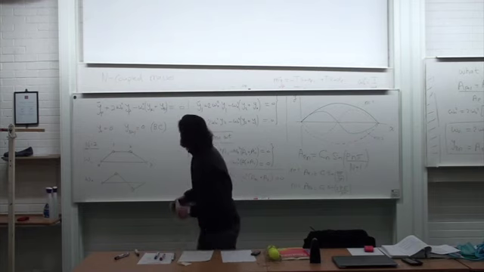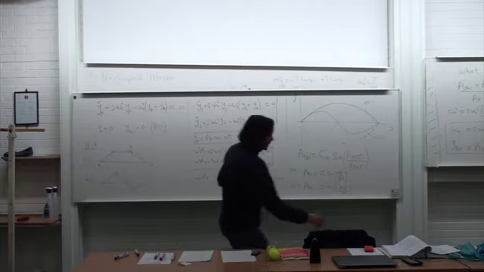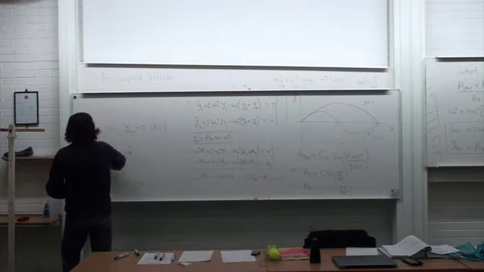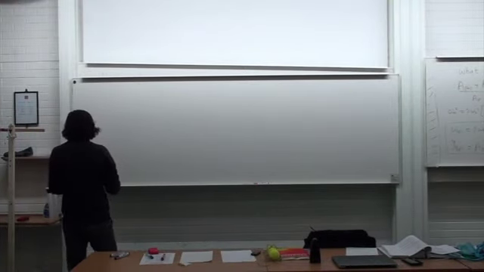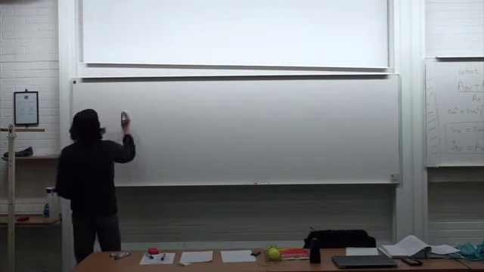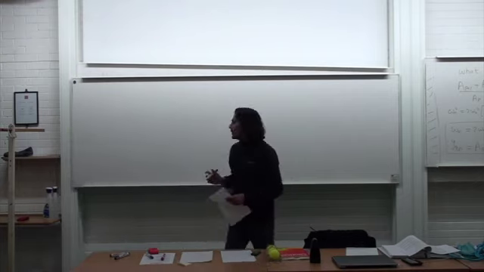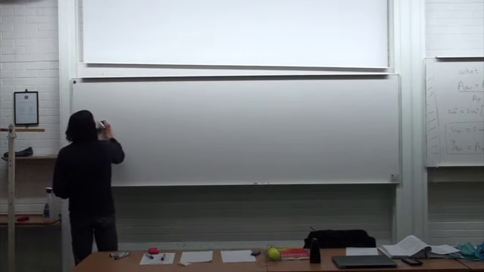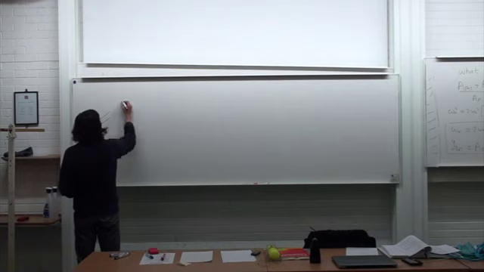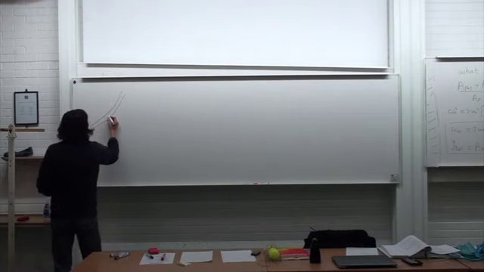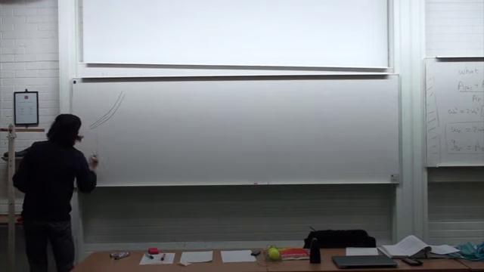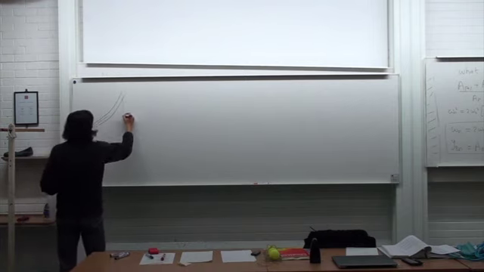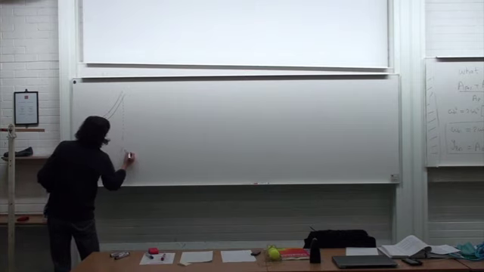So let's analyze the situation. All right. So let's start with a small element of the rope. This is the element. The point x. This is x, and this is at x plus some delta x.